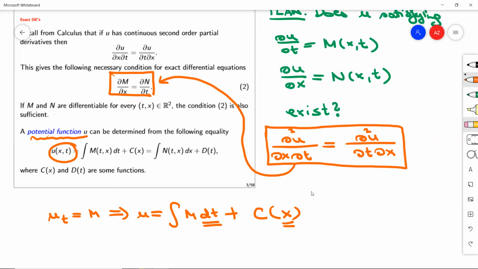And the same for the other case. So if u_x is N, then u is the integral of N with respect to x plus some other constant. But in this case, the constant should be independent of x, but it can depend on t.